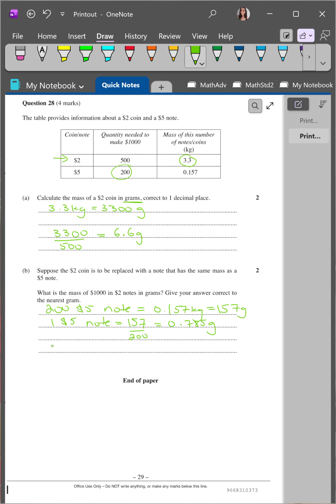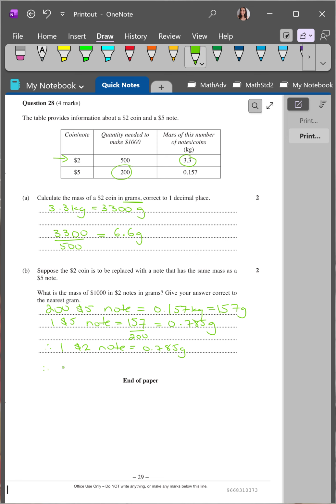Now, that means that we now have the weight of one $5 note, and the question says they're going to replace the $2 coin with a note that weighs the same amount as the $5 note. So, therefore, one $2 note equals 0.785 grams. But in order to make $1,000, you need 500 lots of $2.